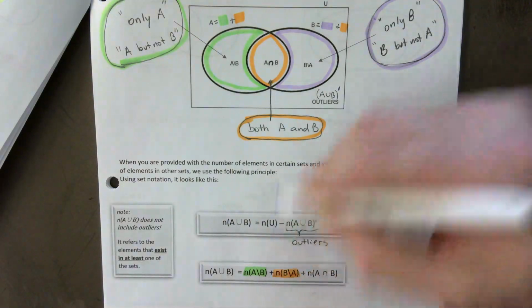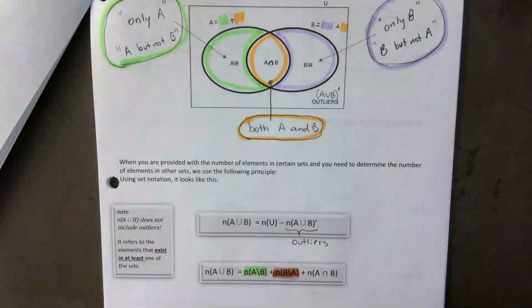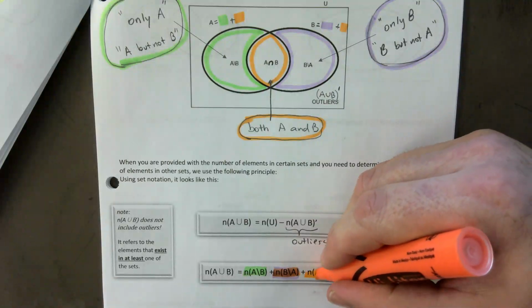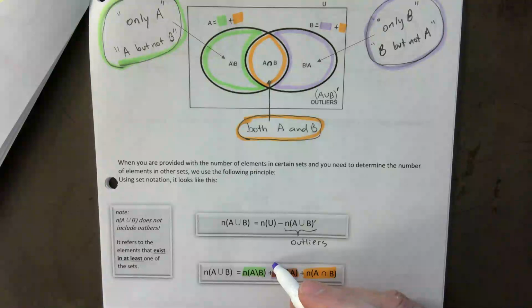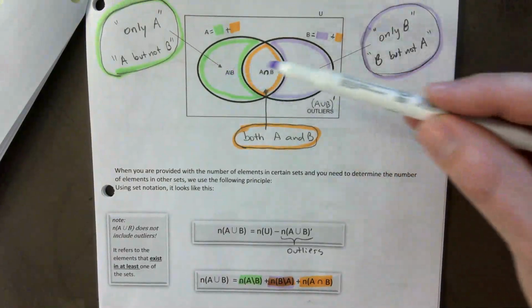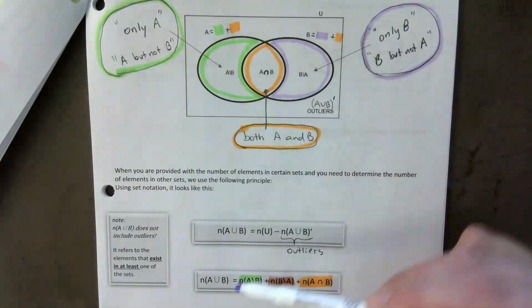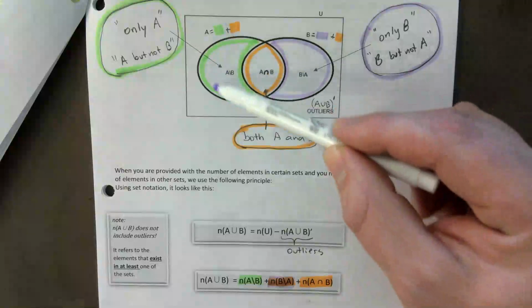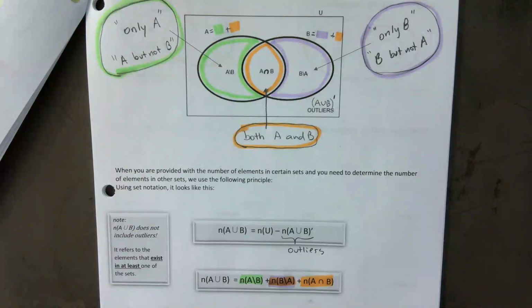It's actually this part. I can't make it through one lesson without mistakes. Sorry, guys. So it's basically adding up the crescents and adding up the middle. If you add up those 3 chunks coming across, you come up with the union, all the elements in that union. Okay? Got it. Next.